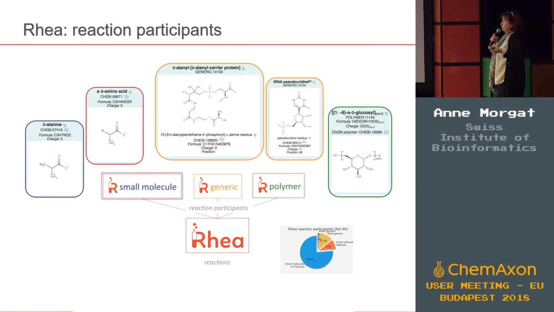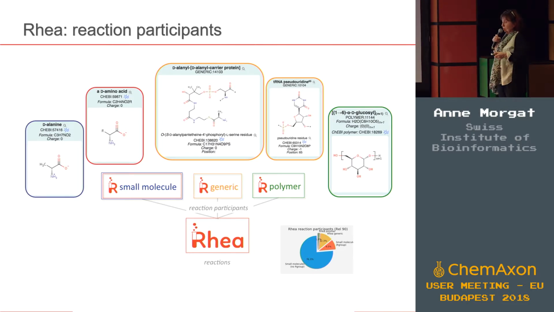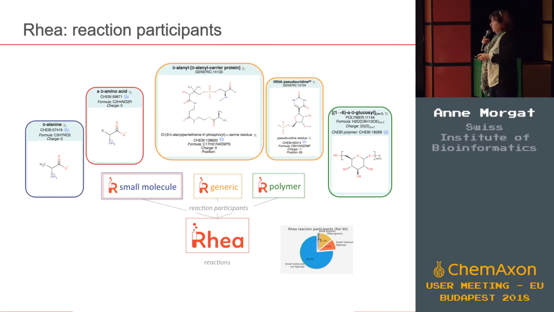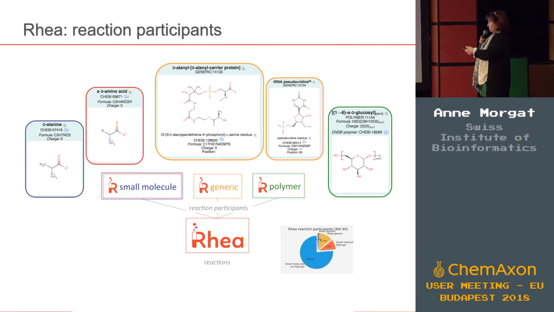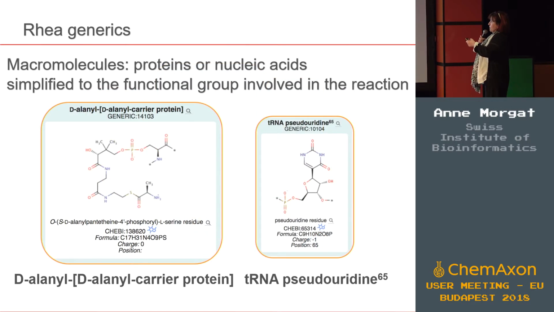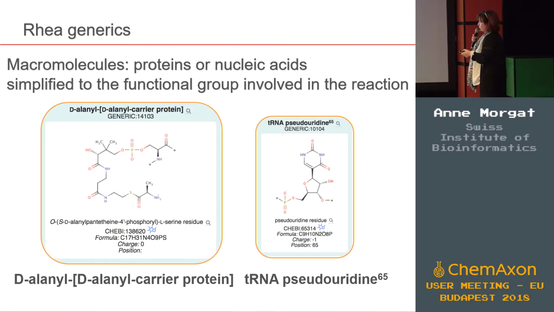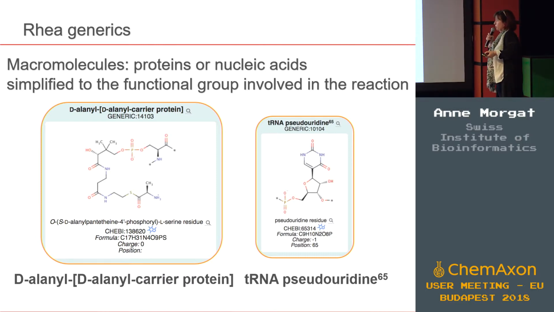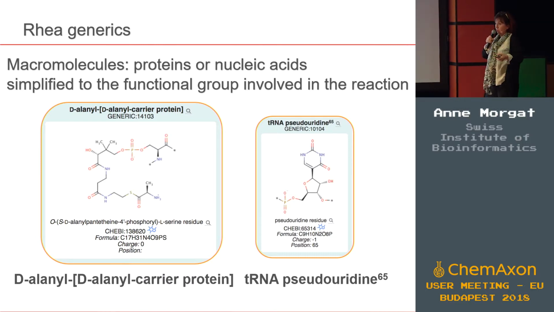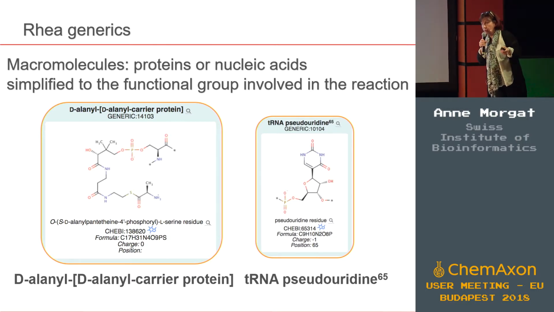Then let's come back to our reaction participants. As I told you, we also need to manage macromolecules. So the second category of reaction participants is RIA generic. KB is focusing on small molecules of biological interest.